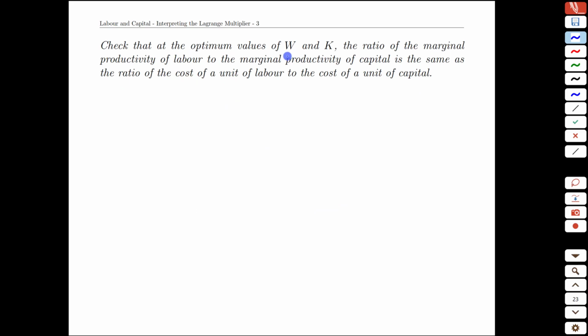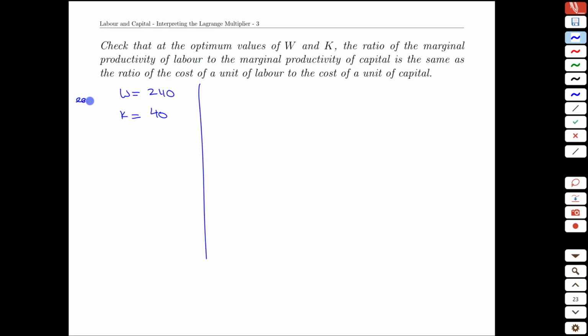Now here's the fun part, tying math back into the economic theory. At the optimum values of W and K, which we found before, we found W should be 240 and K was 40. Take a look at the ratio of the marginal productivity of labor to the marginal productivity of capital.